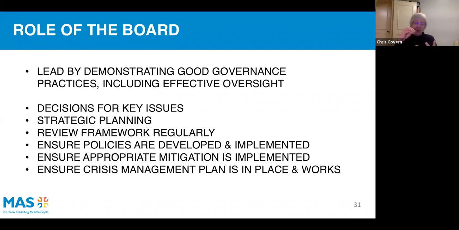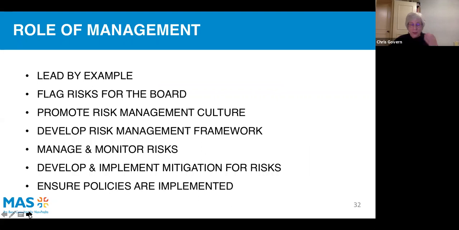How do I get hold of them? Who are their backups? And very clear decision-making roles, and very clear internal and external communication roles, so that no matter what happens, I've got that crisis management plan that I can quickly pull that group together, make some decisions, and the roles are clear about how to go forward. I think that's very important around risk management when it comes to boards.